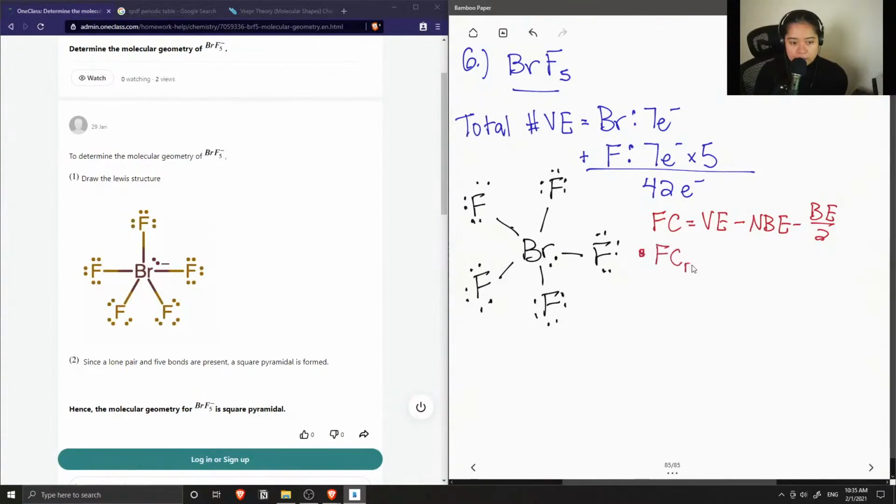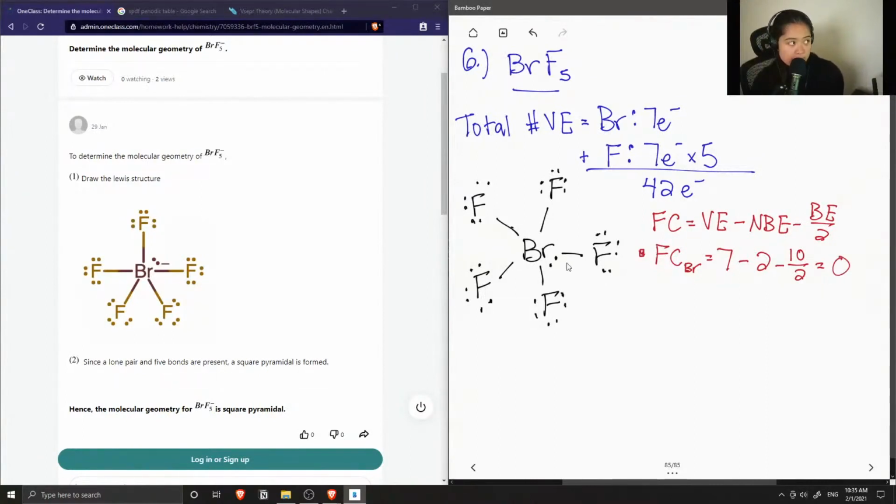So for the bromine, it has 7 valence electrons. There are 2 non-bonding electrons. And since there are 5 bonds to the bromine, there are 10 bonding electrons divided by 2. So 7 minus 2 minus 5, we would just have a neutral compound.